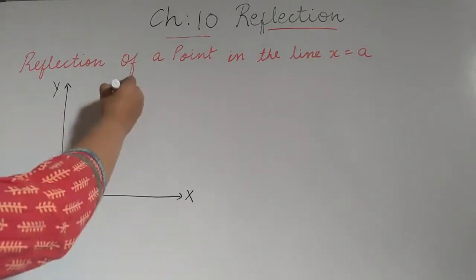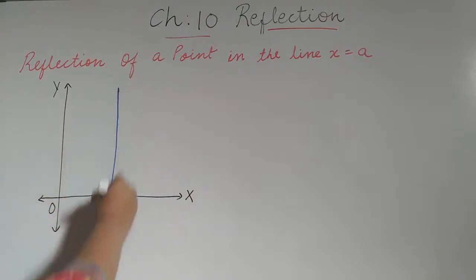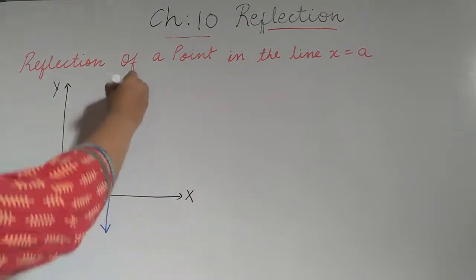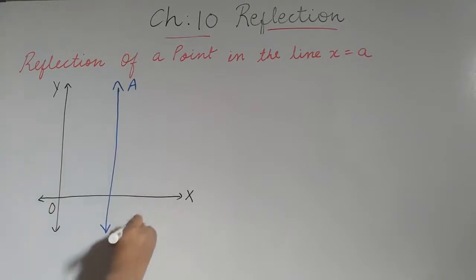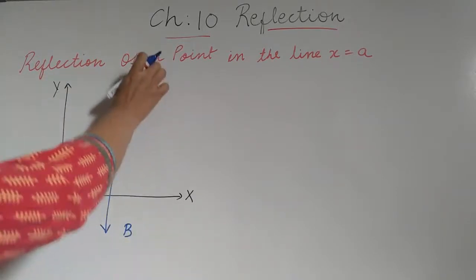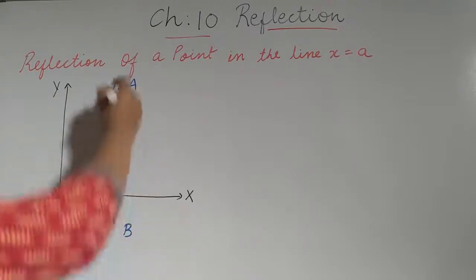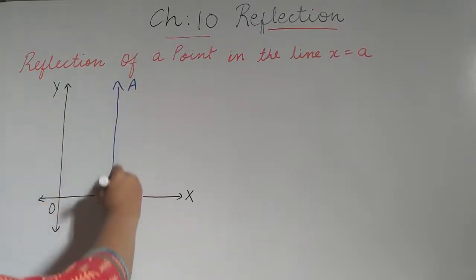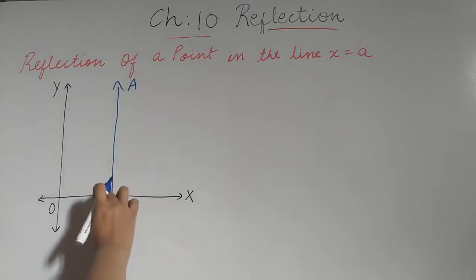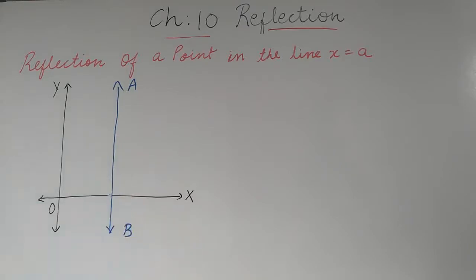Now I will draw one line AB, which is parallel to the y-axis. You can see here, this is line AB, a straight line. Okay. So now this is our mirror line. We are assuming this as a mirror line.